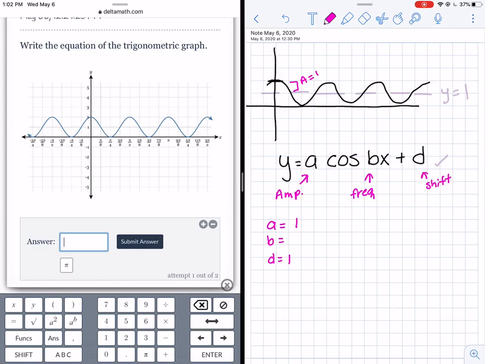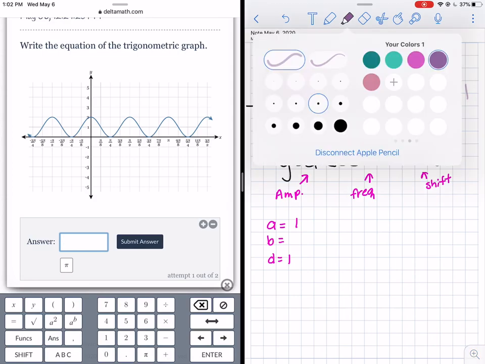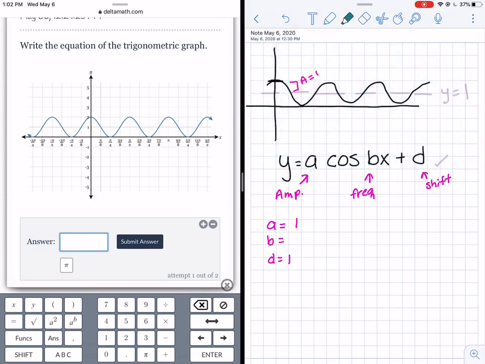And I think the B value is the one that is a little more challenging, but we did do a lot of practice with this. To get your B value, which is your frequency, it comes from 2 pi over B, which is your period. So you need to trace what one cycle of this graph looks like. So this is my one cycle. And for my one cycle, you're going to look at where it ends.